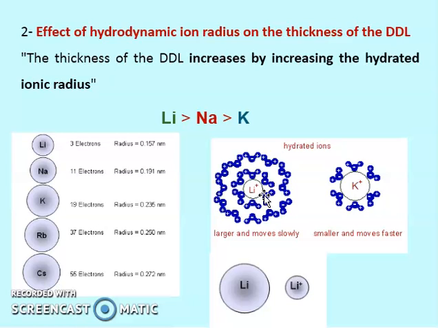Okay, is this clear for you? So now I'm talking about ion radius here, the distance here. If you are talking about the hydrated ion radius, it means the radius of the ion plus the water molecules around the ion.